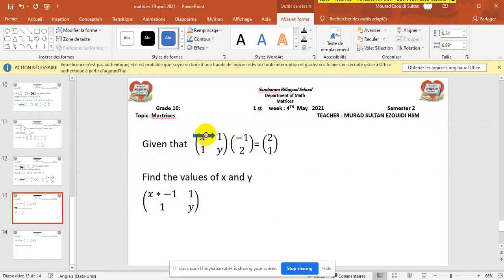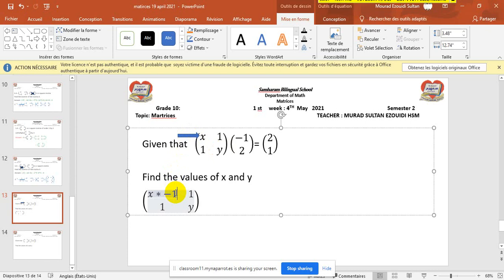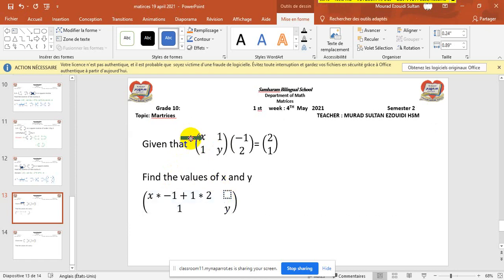Then 1 multiplied by 2. Then I will erase the third part, it does not exist. So I finished with the first one: x multiplied by -1 plus 1 multiplied by 2. Clear? Means I multiply the first row by the first column. Okay, like that.